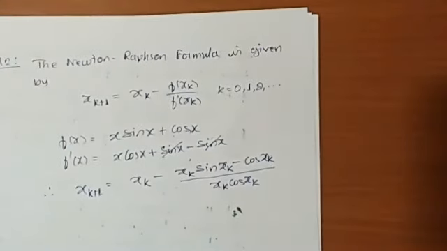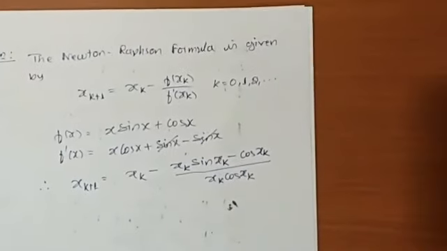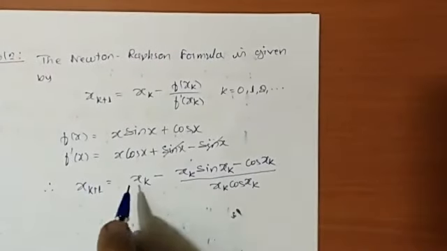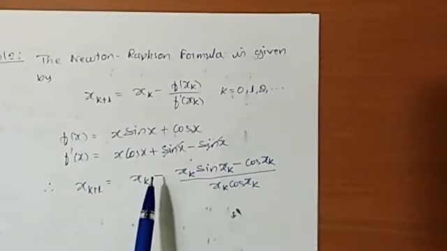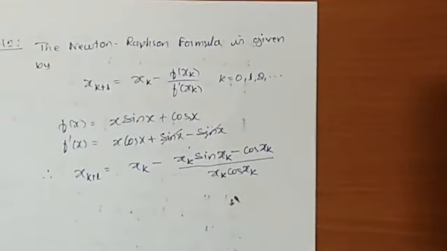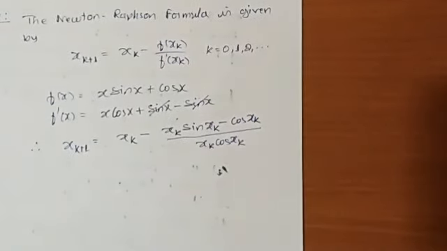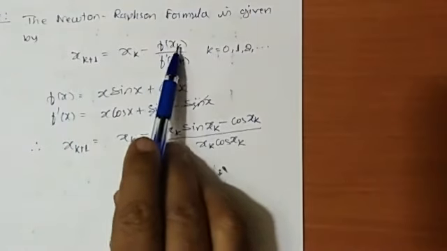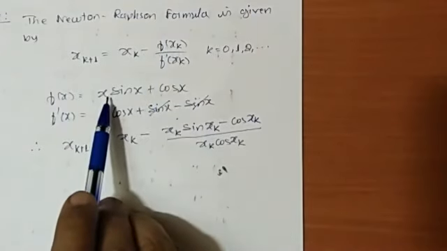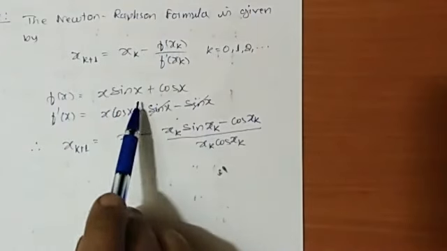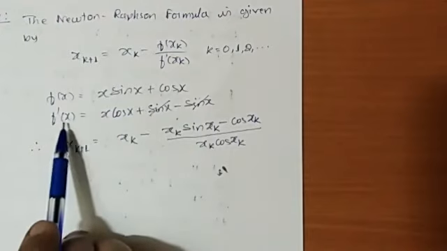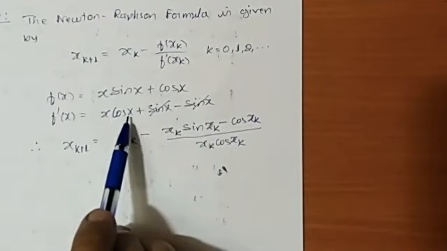You can simplify this further and make life simple. This is the Newton-Raphson method. In f of x_k, I replaced x by x_k, and in f dash of x_k, I replaced x by x_k here.